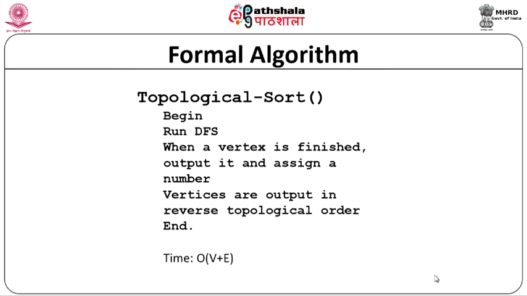The DFS algorithm is restated as part of this slide. So, you can see how it is invoked. We are running DFS and checking, and when a vertex is finished, we assign a number, and by using these vertices as the input and getting the reverse topological order, we can get how the sort can be done.